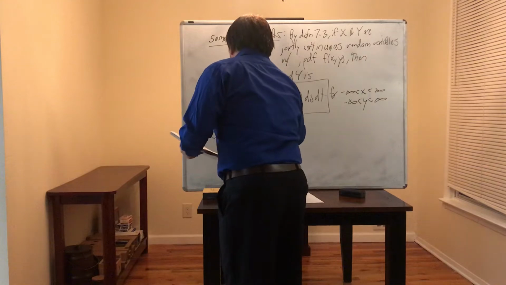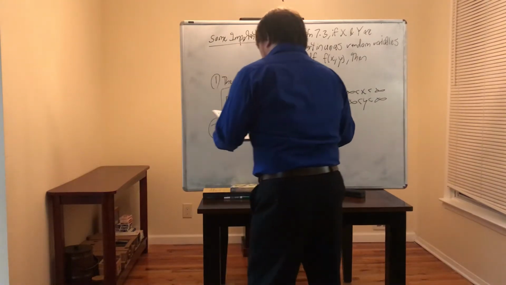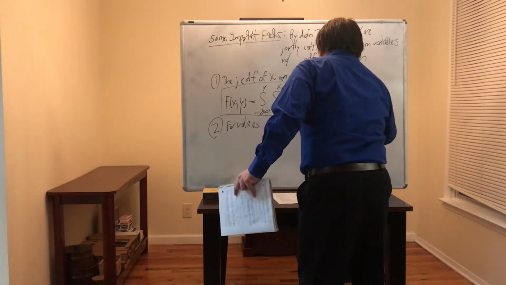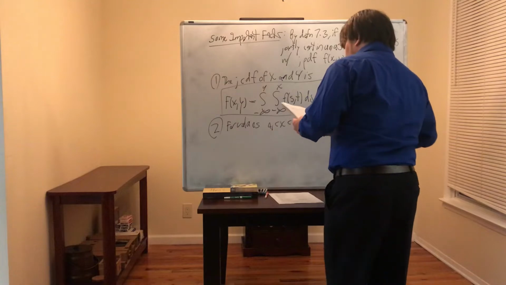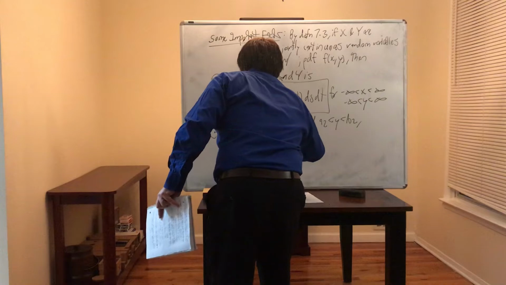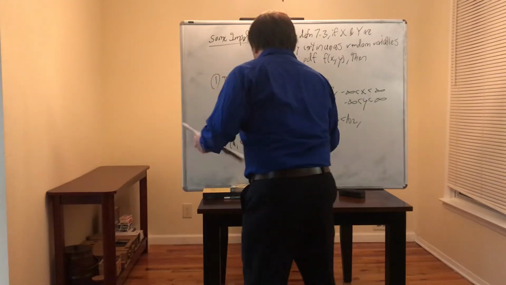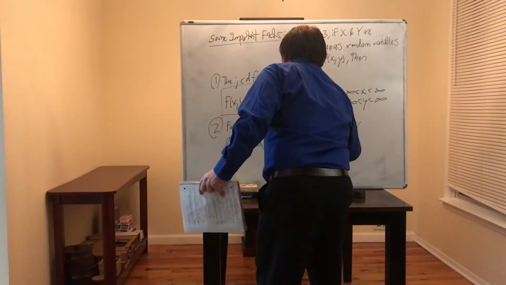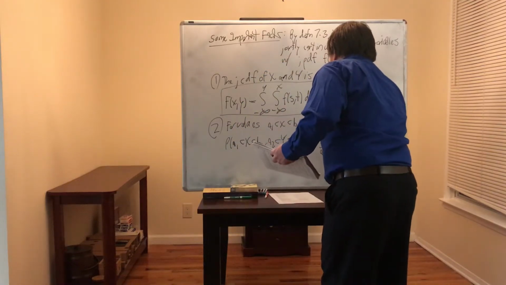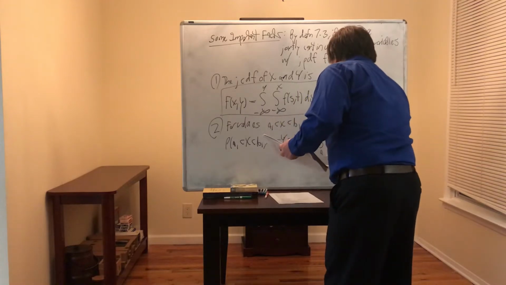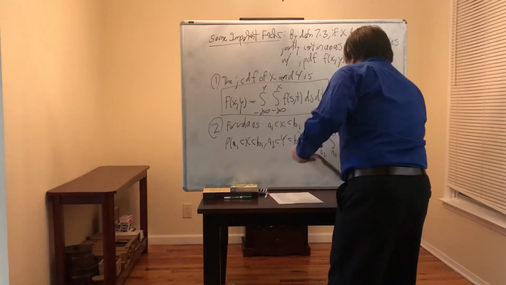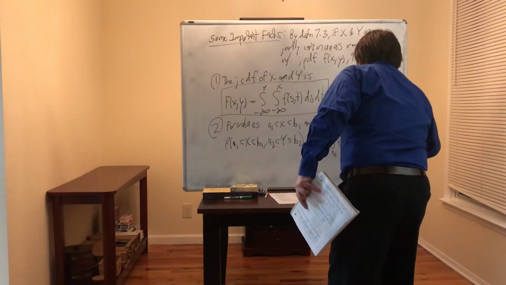For values a1 less than x less than b1 and a2 less than y less than b2, we have that the probability that a1 is less than X less than b1 and a2 is less than Y less than b2 is the integral from a2 to b2 and the integral from a1 to b1 of f of x comma y dx dy, right?